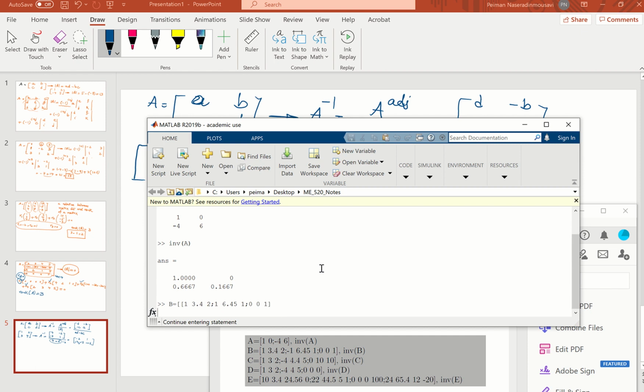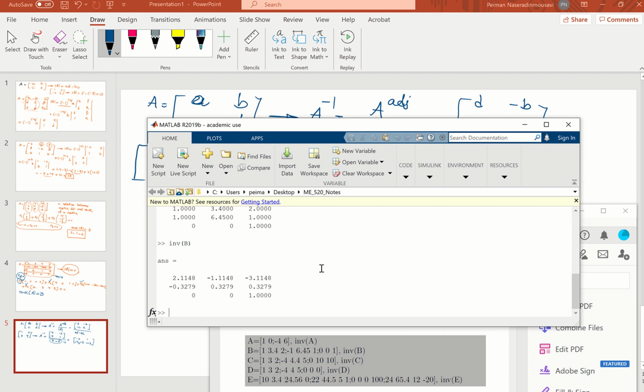That's right. Oh, there is an extra bracket here, guys. So inv of B is going to be this number. This is super fast.